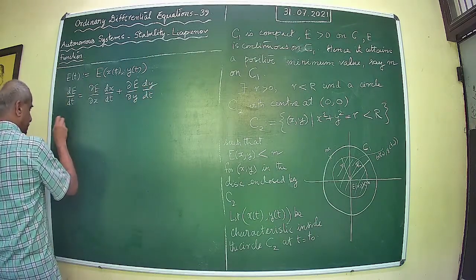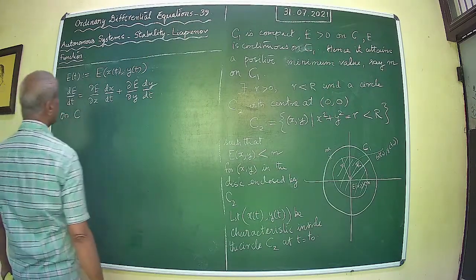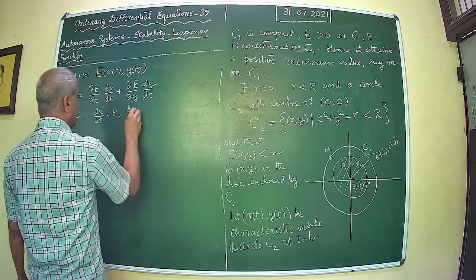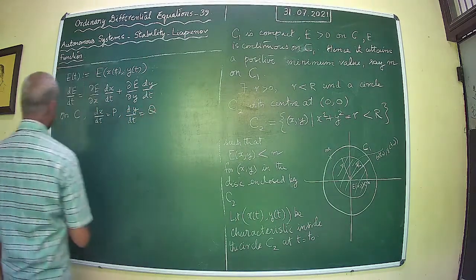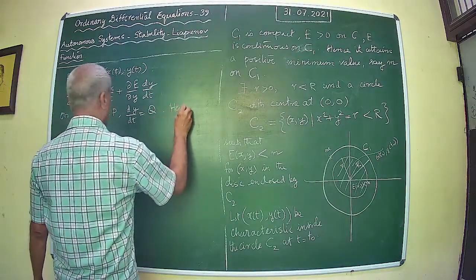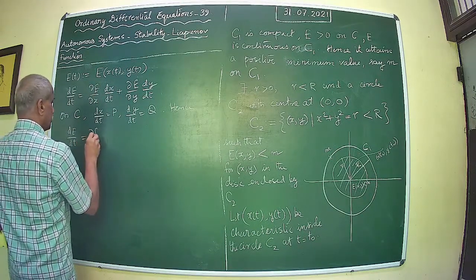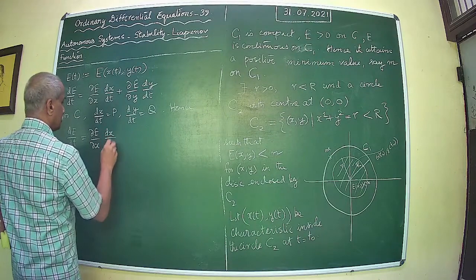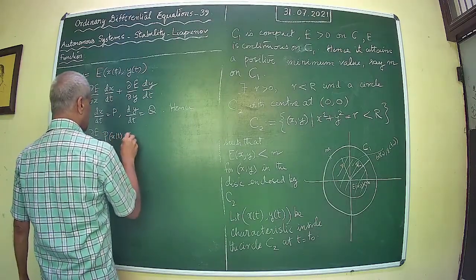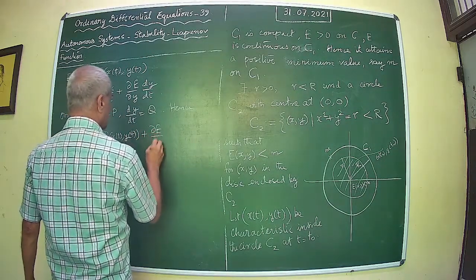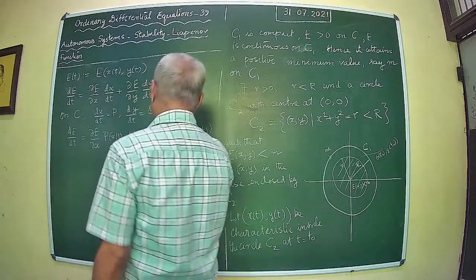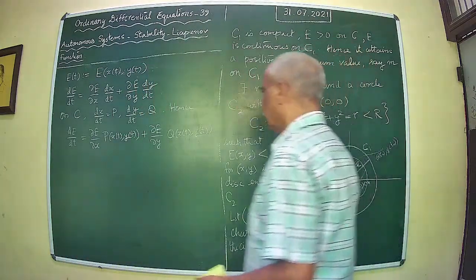And on C, what you have dx by dt equal to P, therefore what we have is this dE by dt equals dE by dx times dx by dt plus dE by dy times dy by dt, all this dE by dx and dE by dy evaluated at x(t), y(t).